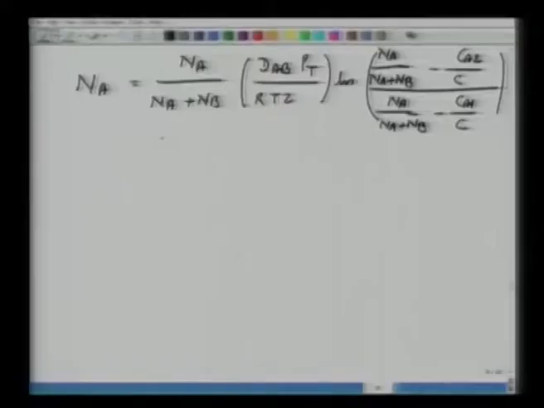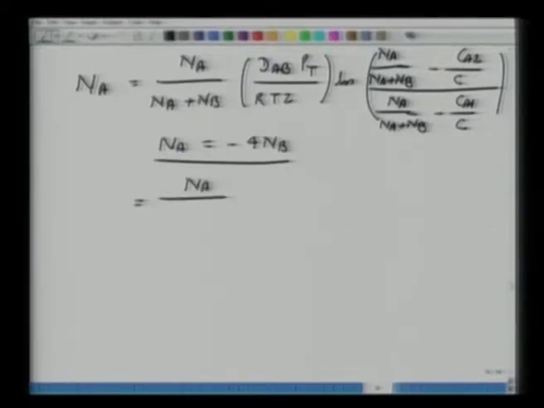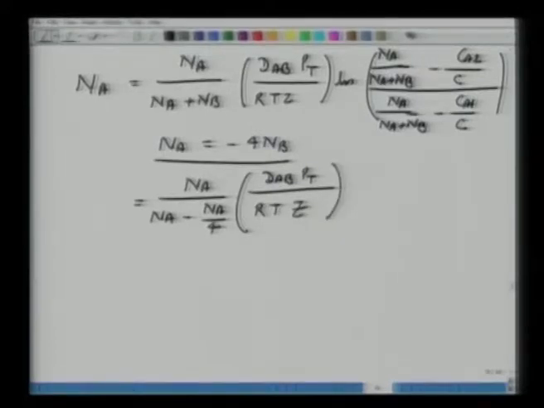Now we can substitute Na equals minus 4 Nb in this integrated equation. Then we have Na over Na plus Nb; if we remove Nb, we have Na over 4, Dab Pt over RT Z, ln Na over Na plus Nb.